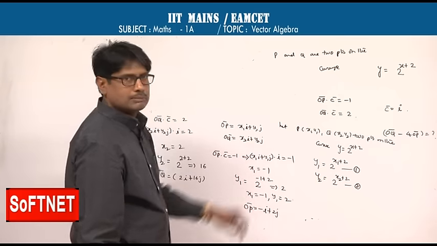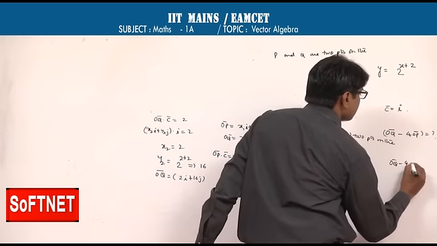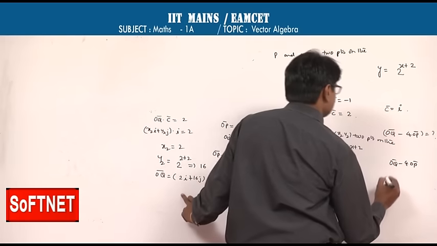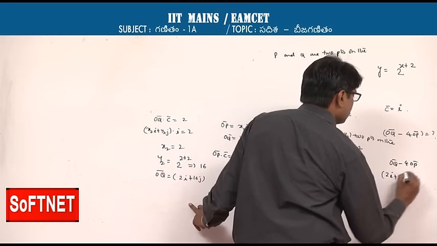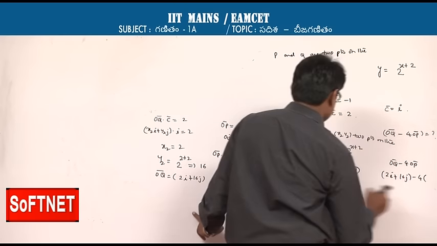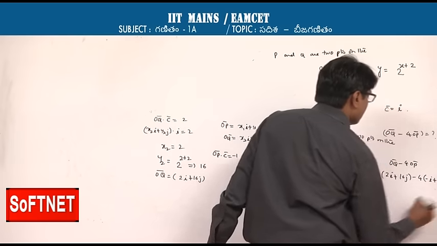Put in that above expression. We want the value of OQ bar minus 4 times OP bar. OQ bar ఎంత వచ్చింది? 2 times I bar, 16 times J bar minus 4 into OP bar. OP bar is minus I bar plus 2J bar.